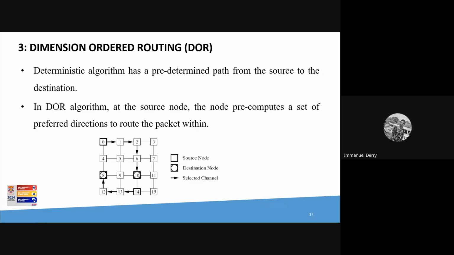So if there are only 3 paths and all of them have huge traffic on them, then obviously the packets will have to join the traffic. When all other packets are delivered and the path is free, then they will all flow through from the source to the destination.